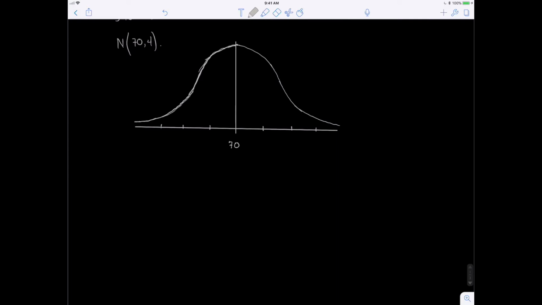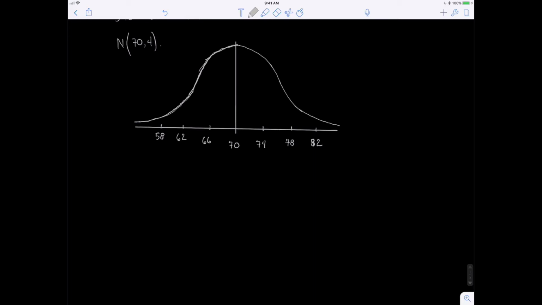If I start at 70 and move to the right, I add 4 to get 74, add another 4 to get 78, and then 82. Going the other direction, I subtract 4 to get 66, then 62, and then 58. This is the normal distribution that represents the heights of American males.